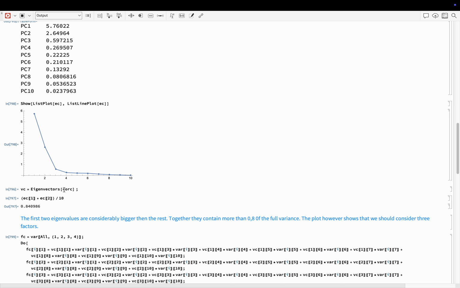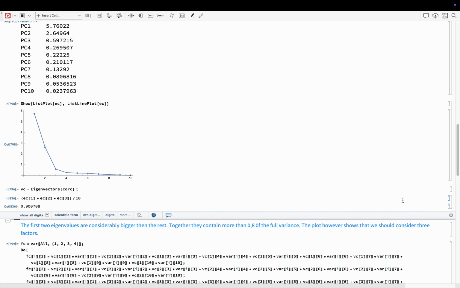However, if we look at the percentage of variance that is taken into account, we see that already the first 2 components have above 84% of variance. When we add the third, this is 90% of variance.